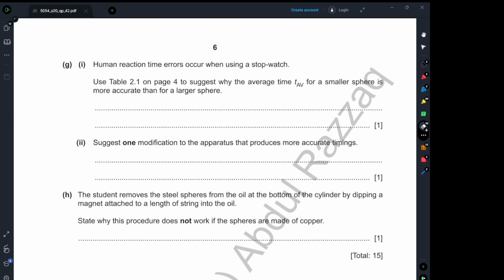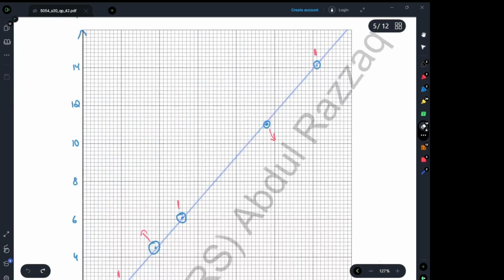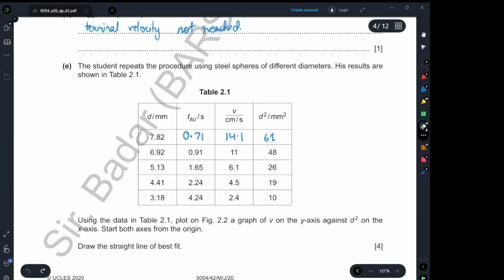उसका रीज़न जो है वो बहुत ही एक सिंपल सी चीज़ है कि भाई अगर हम ऊपर जाके टेबल पे देखें, so if we look at the table we see that a larger diameter will lead to a larger velocity, larger terminal velocity.